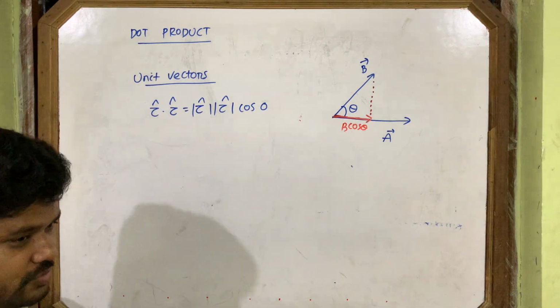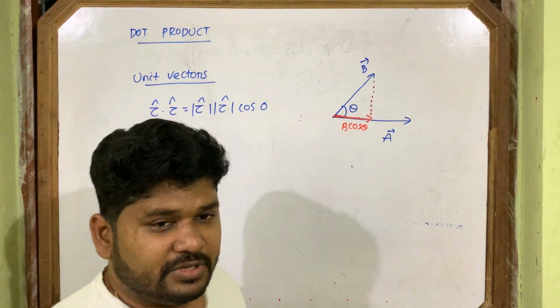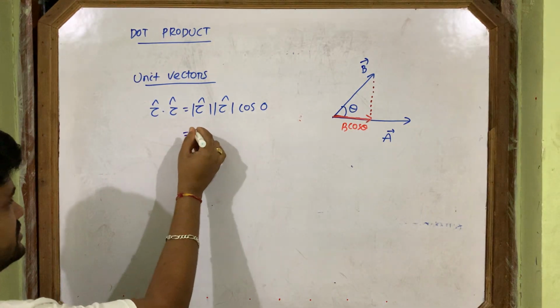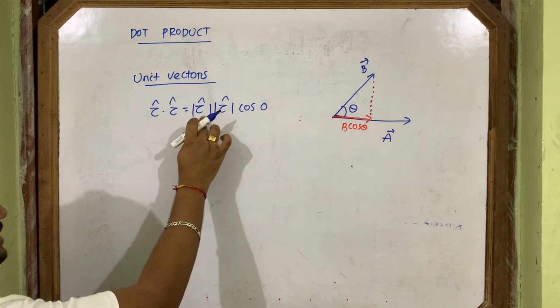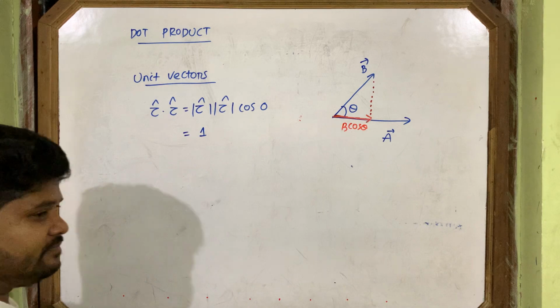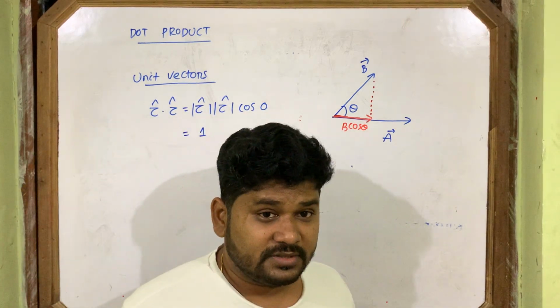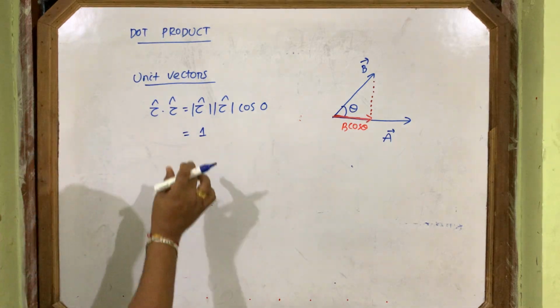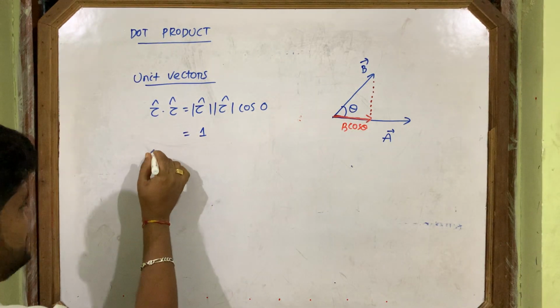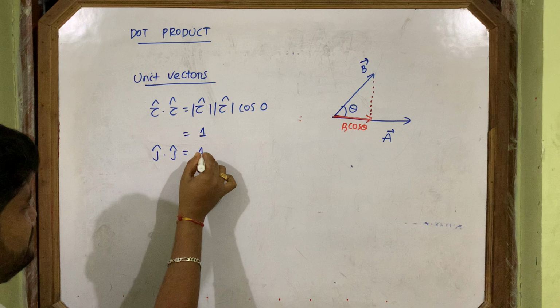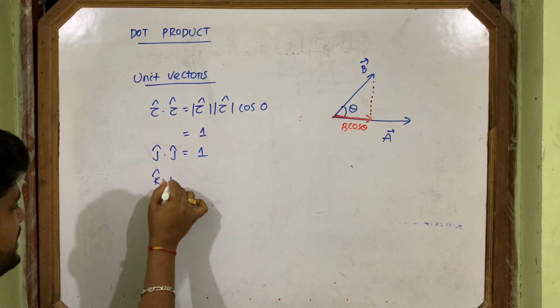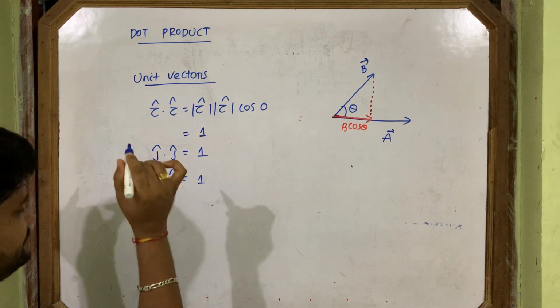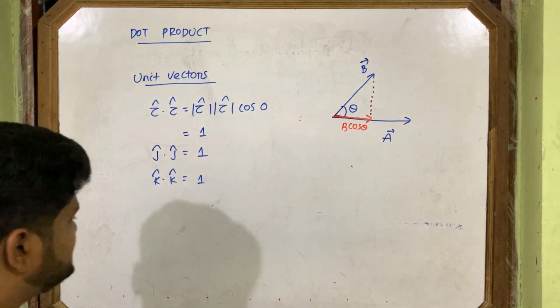Both I caps are along the x axis, so the angle between them is 0. So this is coming 1. I cap mod is 1 because it is a unit vector. A unit vector mod is always 1. Similarly, j cap dot j cap is 1, k cap dot k cap is 1.